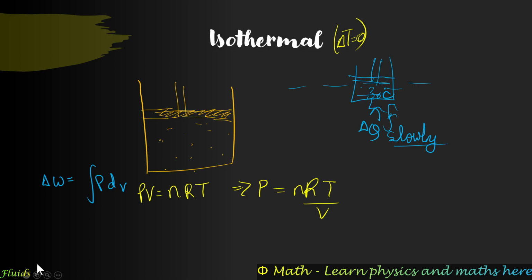If we do this for a non-constant temperature process, delta W is equal to the integral where the number of moles and the gas constant R are constant, so they come out of the integration, and we are left with dV over V. T is also constant here, but if the temperature was not constant, T would remain in the integration, and we don't know the integration of temperature with respect to volume, as there is no relation.